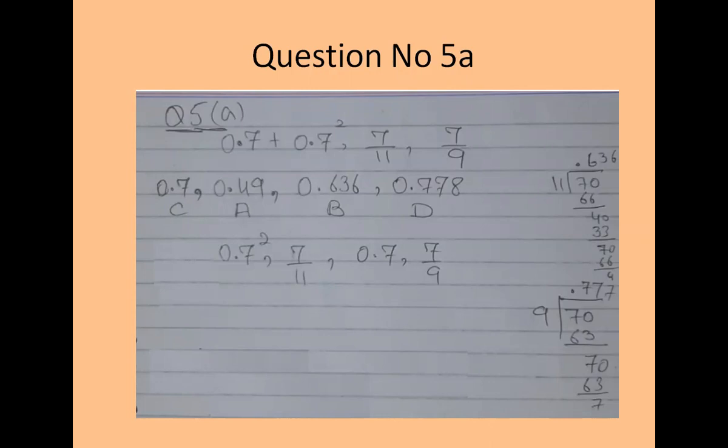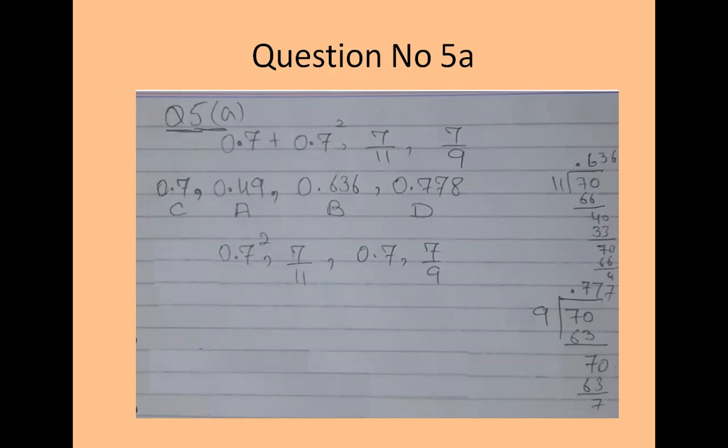For 7 by 11, you can see in the rough work I have shown that I divided 7 by 11, put a point there and a 0, and then divided it. I got 0.636. Then 7 by 9, I have shown in the rough work how I got 0.778. You divide 7 by 9, you get it.